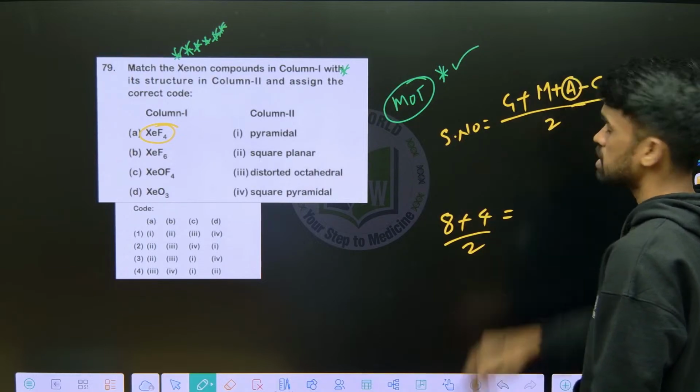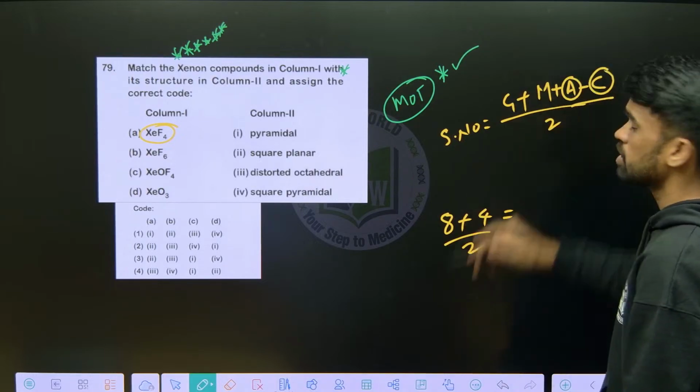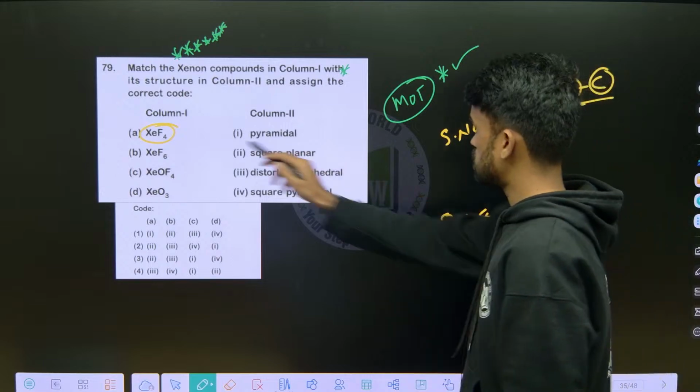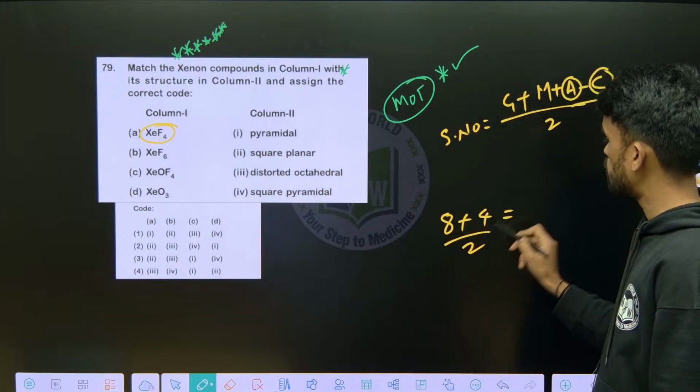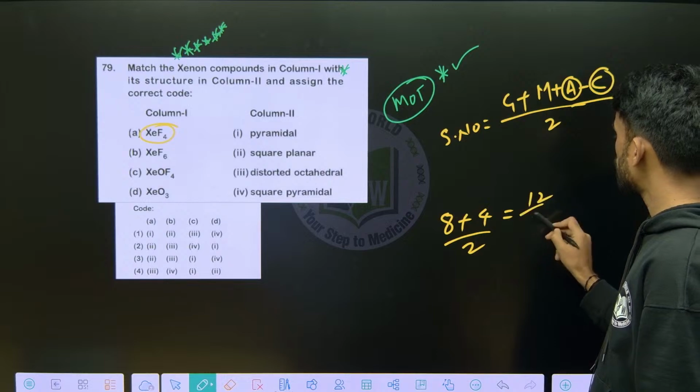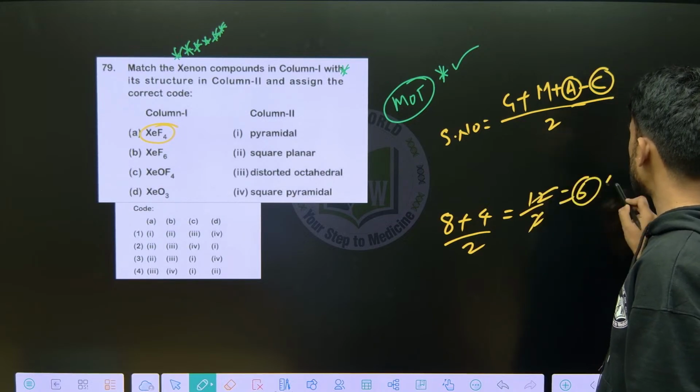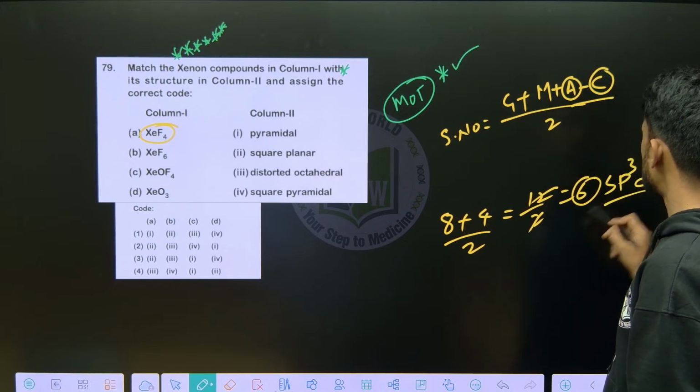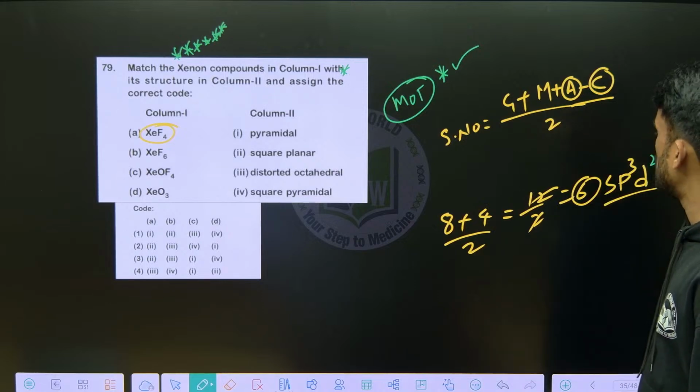A means the charge of the anion, C the charge on the cation. There are no charges, so 0. 8 plus 4 is 12, divided by 2, that is 6. 6 means sp3d2 hybridization.